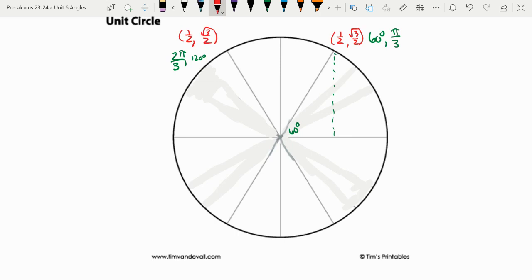Which one's negative? Does that make sense? So I have 1 pi over 3, 2 pi over 3, 3 pi over 3. Is that pi? So what's this one? 4 pi over 3. Okay, fill those two out with your ordered pairs.